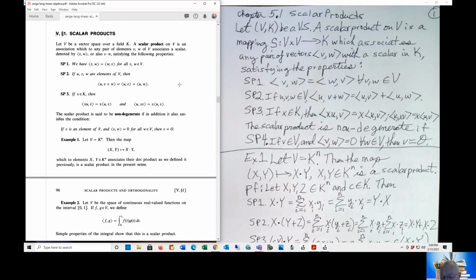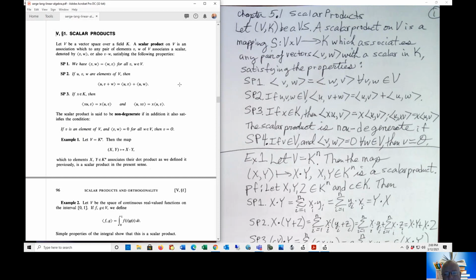In other words, SP4 says the 0 vector is the only vector in V whose scalar product with any other vector, including itself, is 0. So in other words, non-zero vectors don't always degenerate to 0 when you take their scalar product with other non-zero vectors.